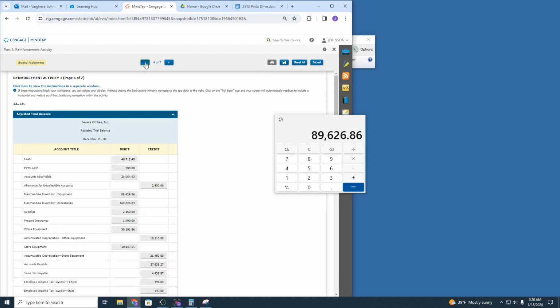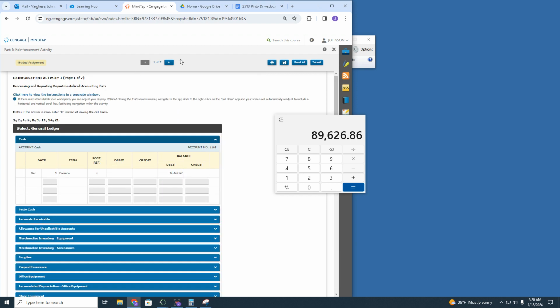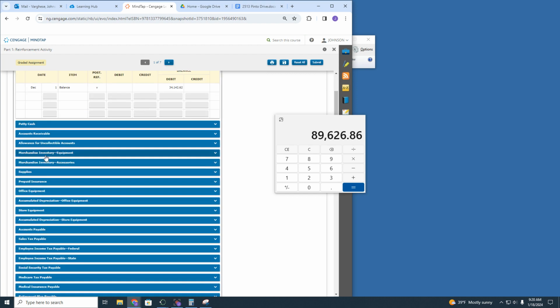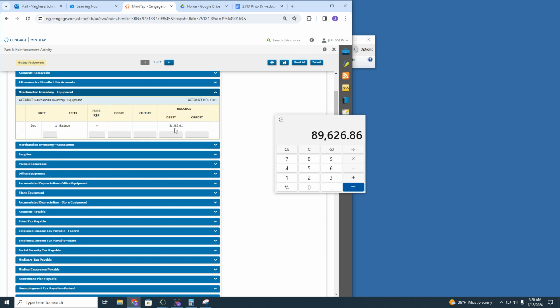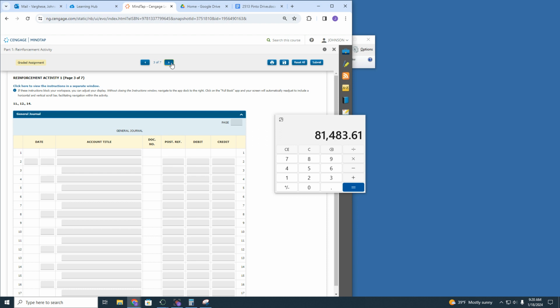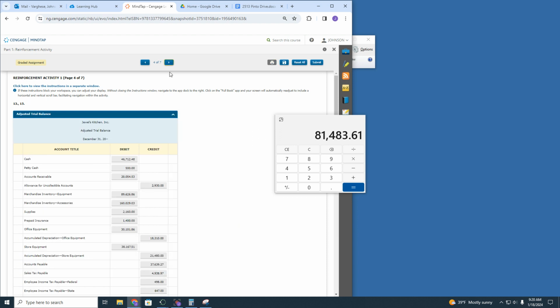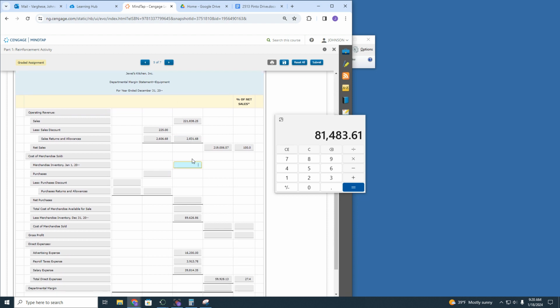Now I just need to go back to the GL to get my beginning merchandise inventory for equipment, which was 81,483.61. So 81,483.61 is my beginning.